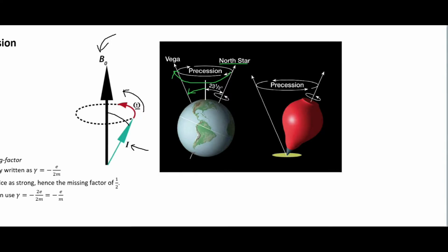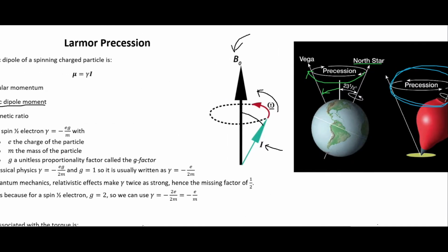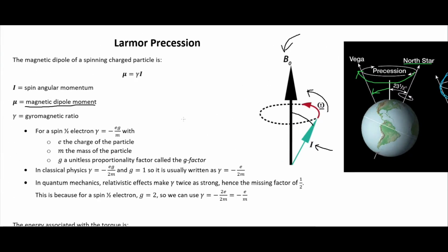The North Pole can actually precess around. You'll also see that with a top over here: if you've ever spun a top, you sometimes see that, especially when it starts slowing down, it starts wobbling, and that is the precession of the top.